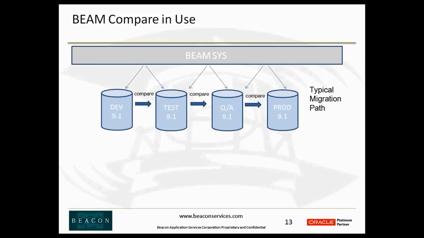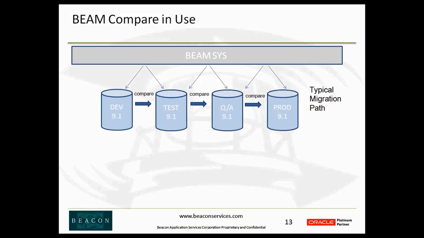When we say compare, we're talking about comparing data and objects, your configuration data, and all the structures that go with that data, not just what you're doing in App Designer. App Designer is terrific. We're not trying to replace it, but we are trying to bring you a perspective that neither App Designer nor really any of the other PeopleSoft tools are able to give you from a data perspective.